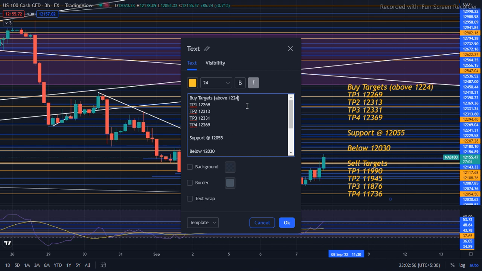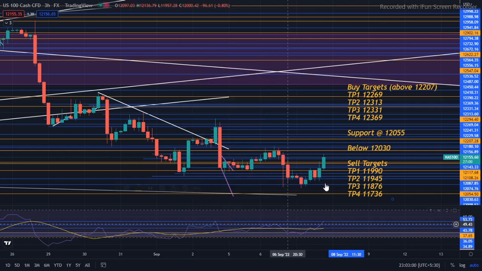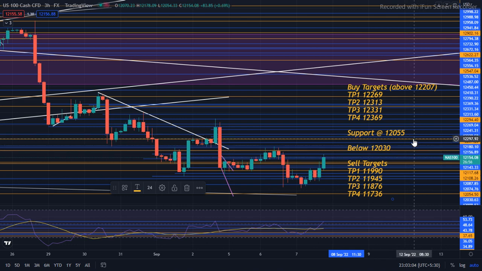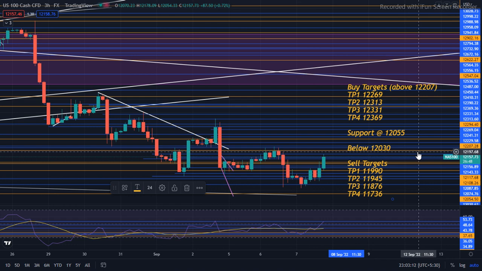So 12207 will be the level of our support for tomorrow. If we are going above that, the first target will be 12269, the second target will be 12313, the third target will be 12331.